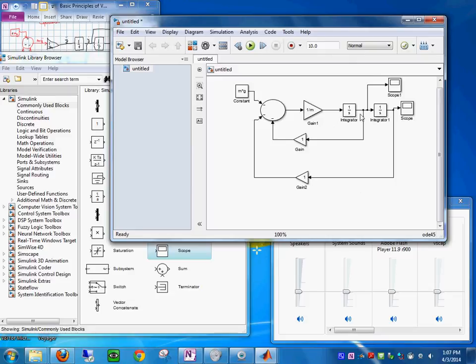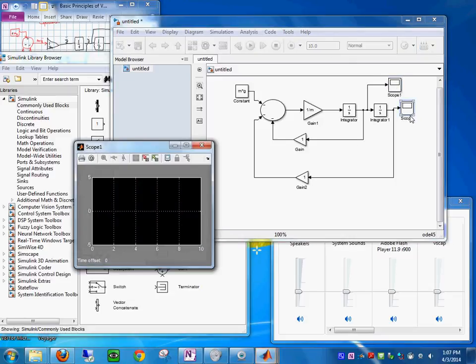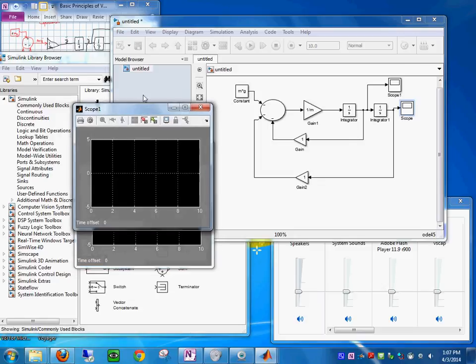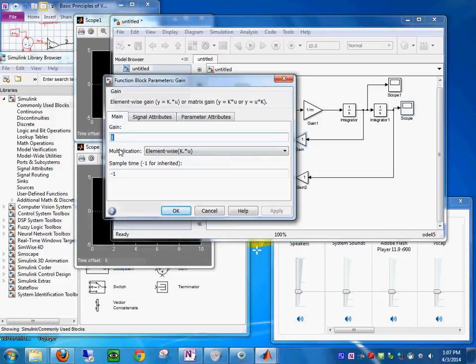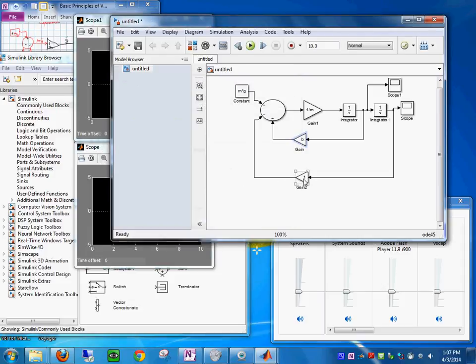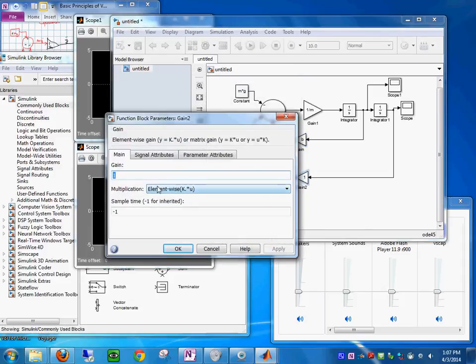Okay, so now we have the structure and you can click on the scopes because those are the eyes to the thing. This is going to be the value of B, and then this is the value of K.